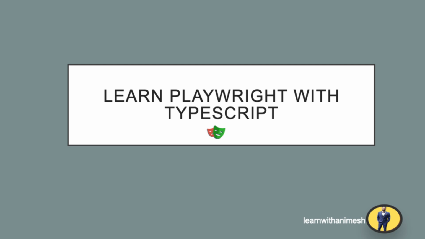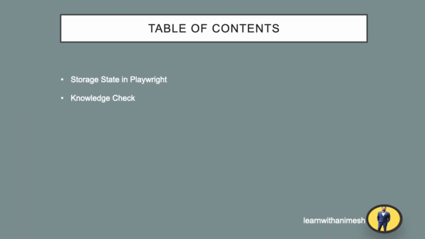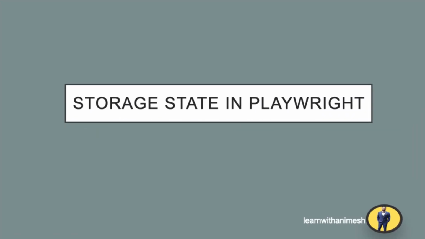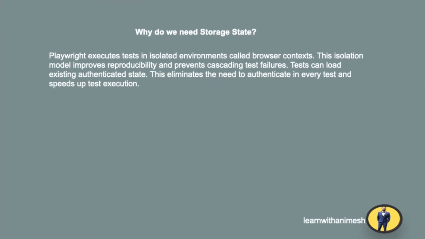In the last lecture, we learned about how token-based authentication works. In this lecture, we will be learning about one of the important aspects of Playwright, which is storage state. Let's get started. So, first question is, what is a storage state in Playwright and why do we need storage state?